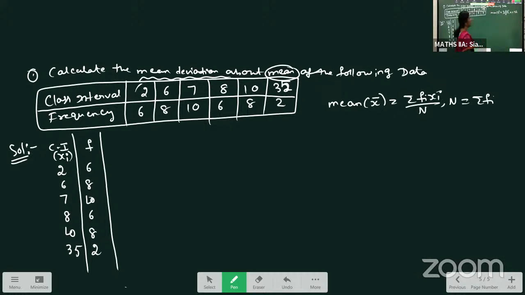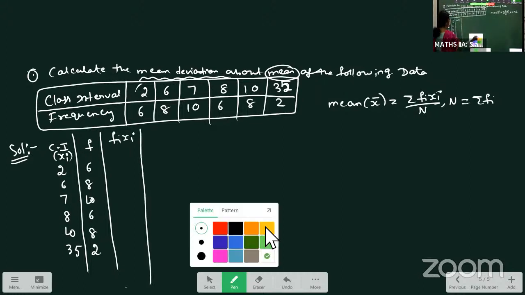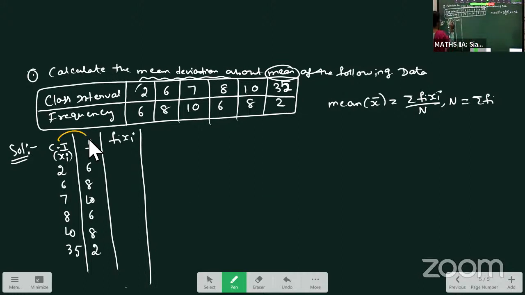In the table, we have the fi column and the xi column. Make an extra column fi xi, which means the product of fi and xi. Multiply these two.